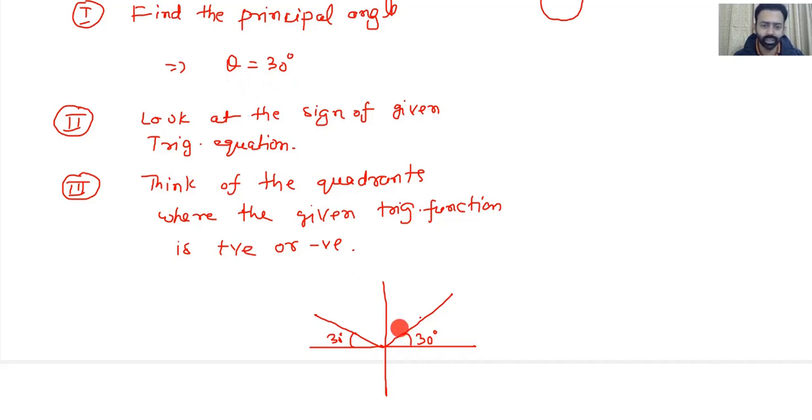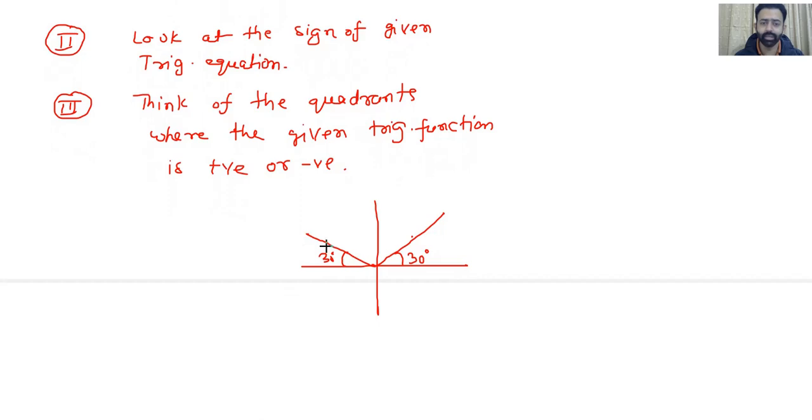Now I have to rotate and reach this straight line, so I can subtract 30 degrees from 180. So the next angle will be 180 minus 30 degrees, which is 150 degrees.